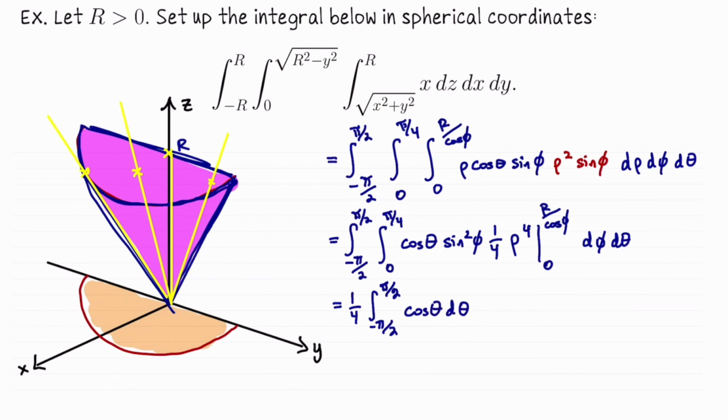In fact, I'm going to go ahead and split this into the product of two integrals since both bounds are constant. So it's going to be the integral from negative pi over 2 to pi over 2 of cosine theta d theta times the single integral from 0 to pi over 4 sine squared phi over cosine to the 4th phi d phi.